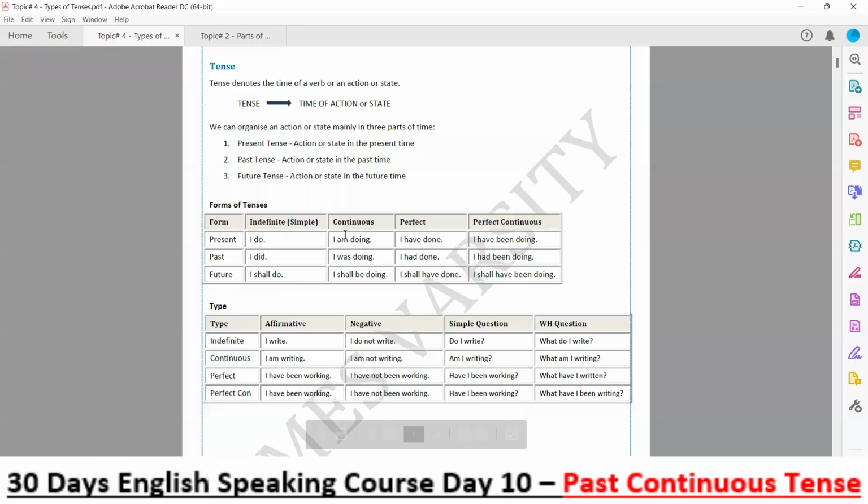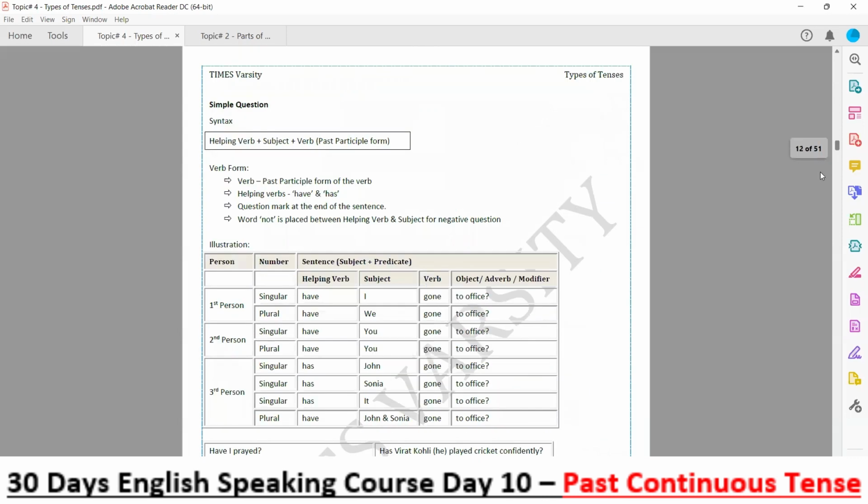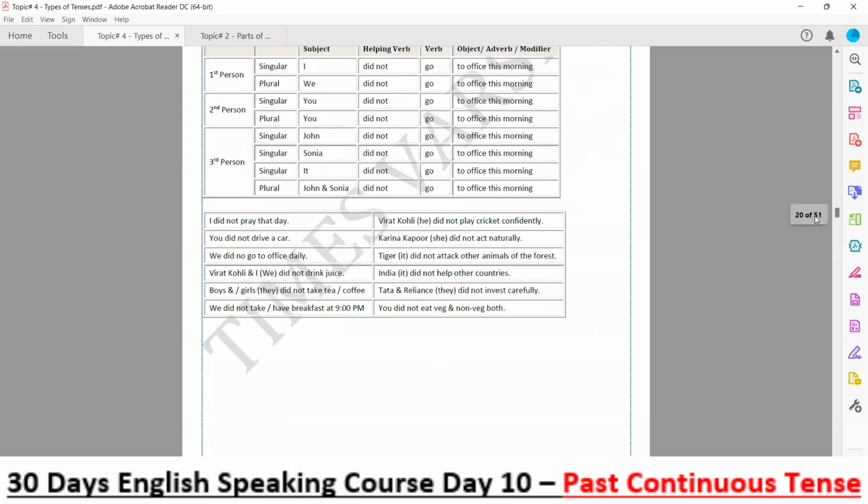In our last session, it was past indefinite. Now we are discussing past continuous, and of course all types of sentences: affirmative, negative, simple question, and WH question. So let's discuss past continuous tense.